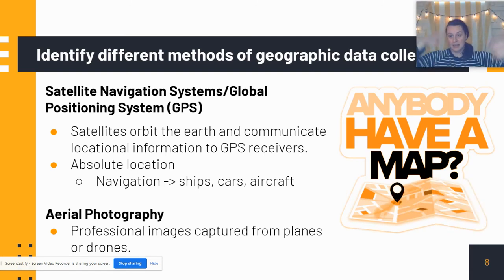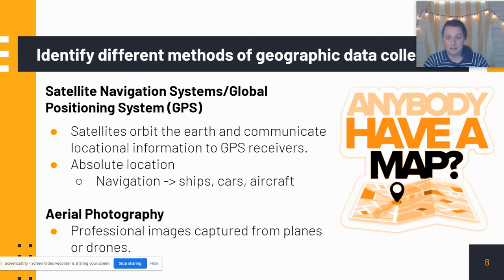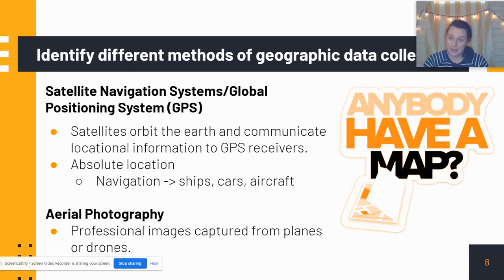And they're communicating locational information to our GPS receivers, which are our phones, right? It's going to tell us absolute location. This is used for navigation purposes: driving a ship, a car, flying a plane. These are all examples of how I can use geographic data that's given to me through GPS.